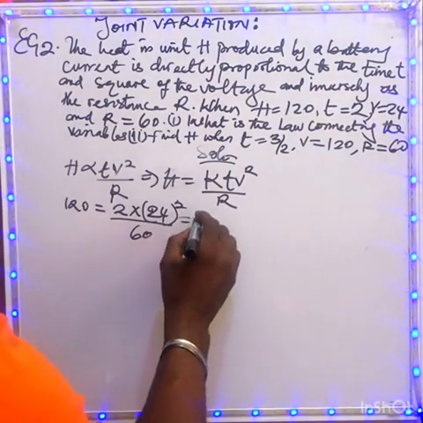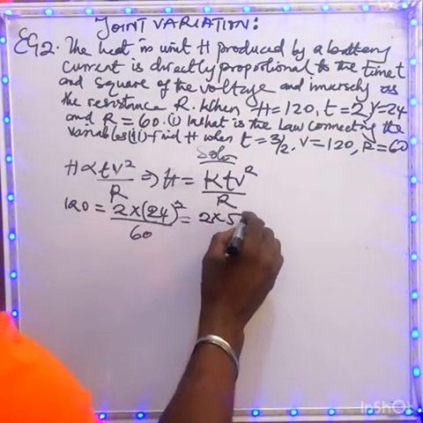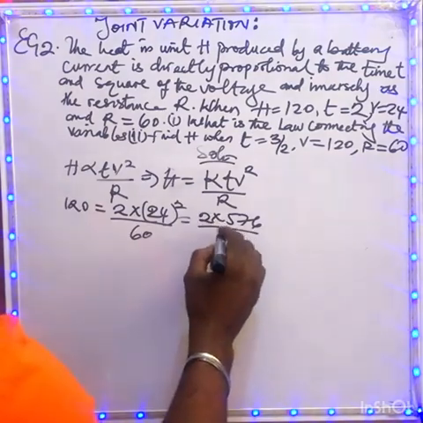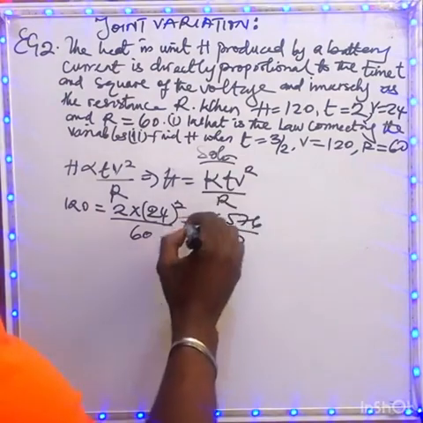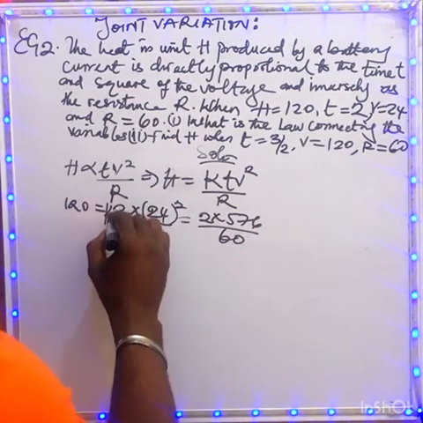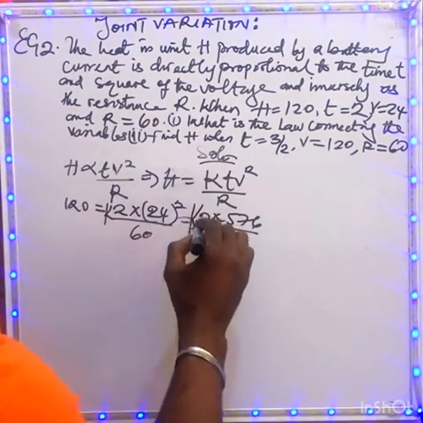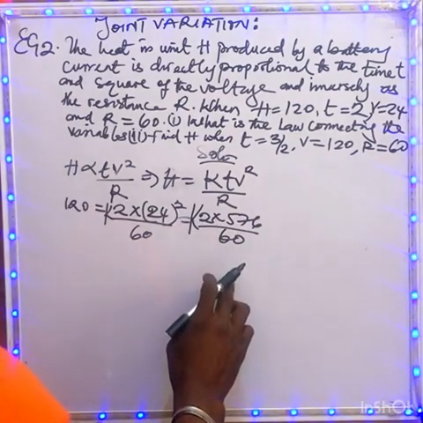So you have 2 multiplied by 576 divided by 60. Sorry, we omitted our K.